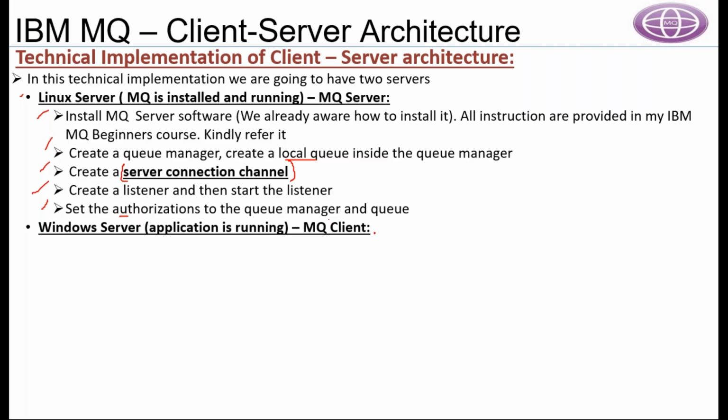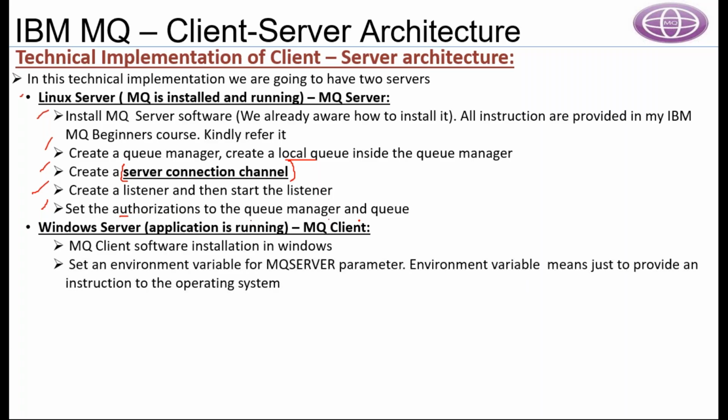Now in the Windows server where the application is running, let's suppose in my Windows laptop, the application is running and I want to treat that as an MQ client. So in my Windows machine, the things I need to have are the MQ client software installation in Windows. How to install MQ software in Windows, that I'm going to show you. Then we need to set the MQSERVER environment variable.